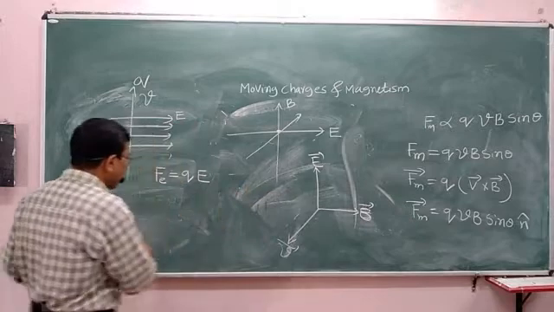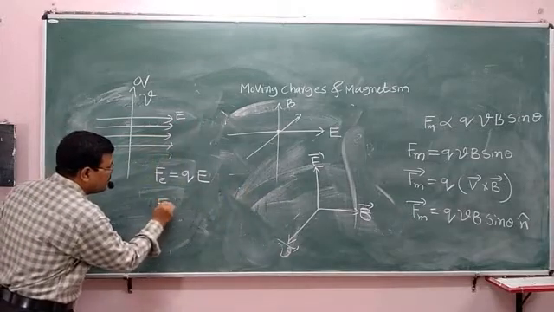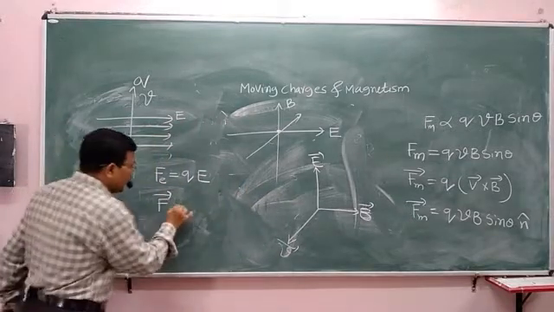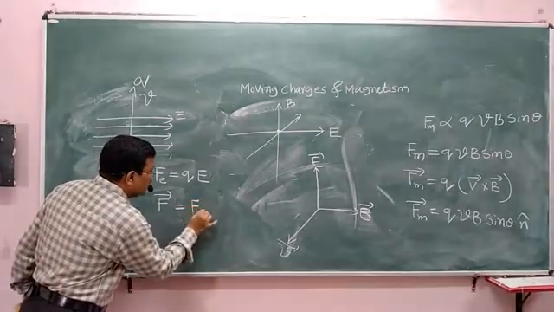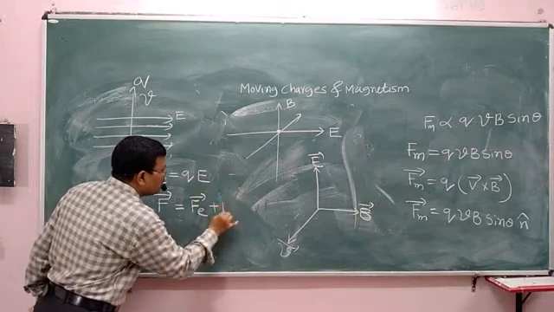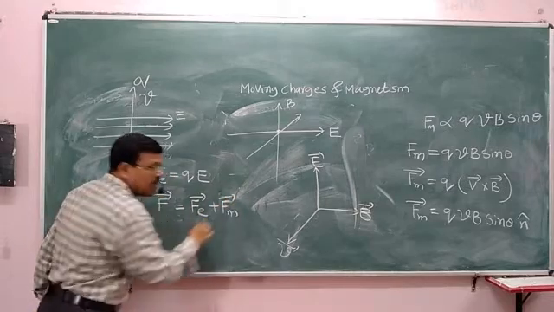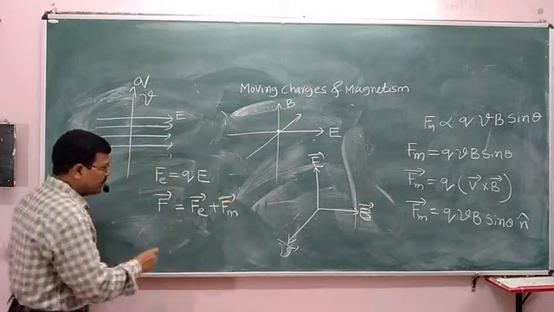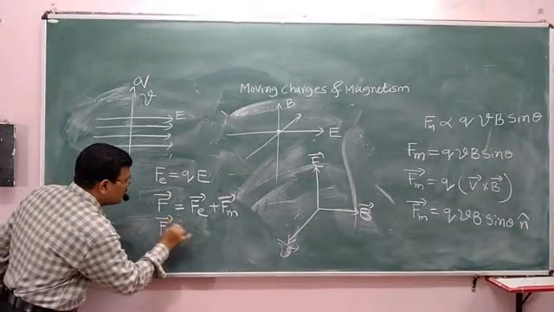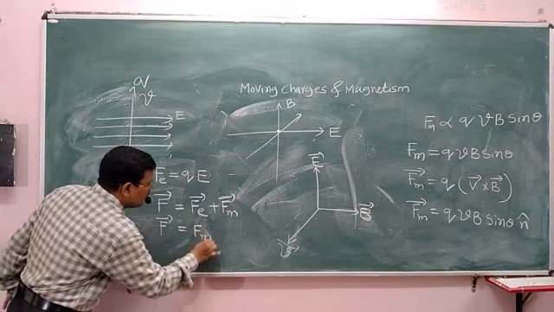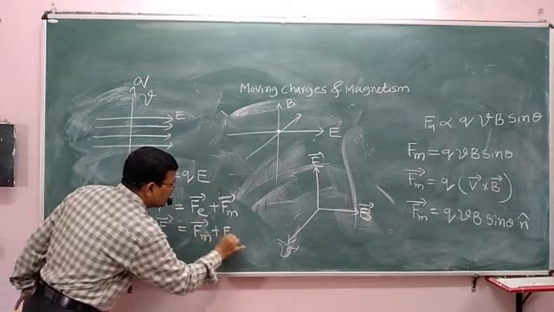Lorentz writes this as F, the total force experienced by the charged particle would be Fe plus Fm, or F is equal to Fm plus Fe.